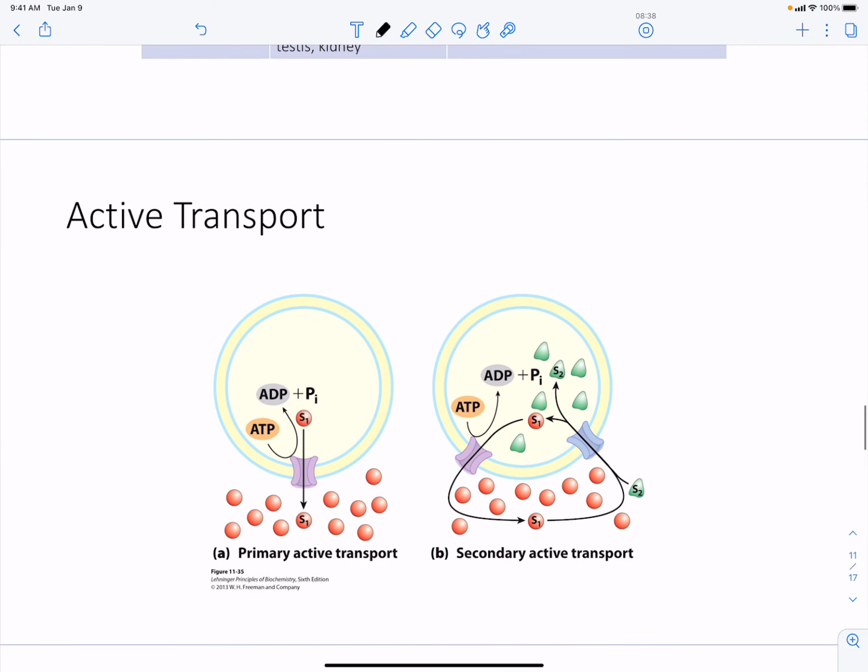So now let's move on to active transport. Active transport is when you have a solute moving against a concentration gradient or against an electrochemical gradient. So it's basically a movement against a gradient.